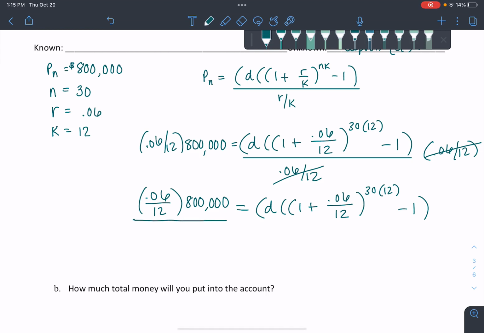And then on the bottom, you should have parentheses, 1 plus 0.06 over 12, and then times 30 times 12, and then minus 1, and then close parentheses.